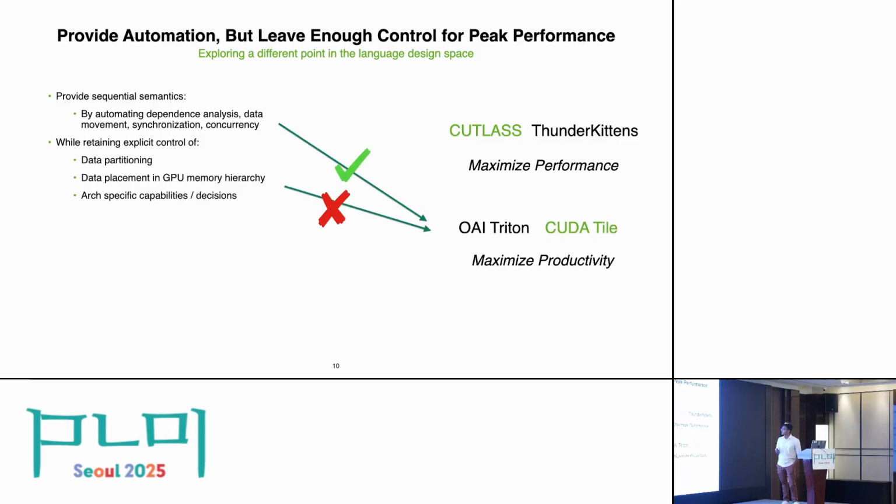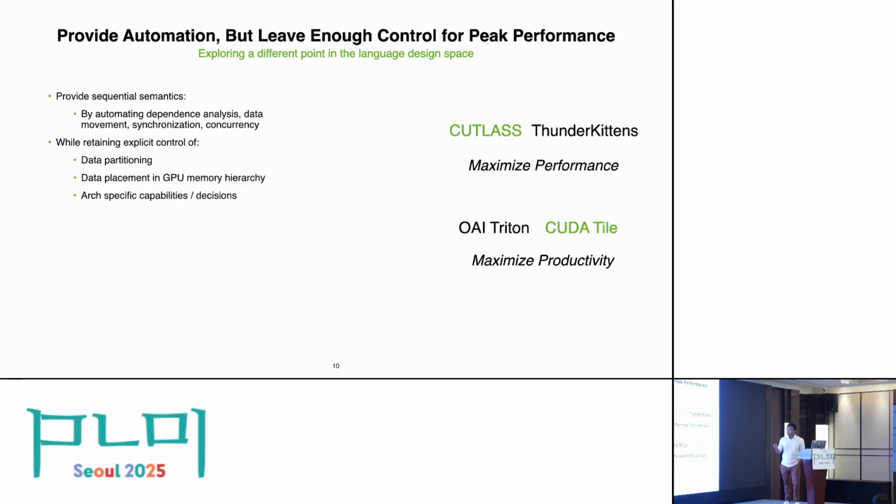Or you have systems like OpenAI Triton or the recently released CUDA Tile, where you get a very nice sequential-looking programming model. These tile-based models are great, but you don't get to control these other things at the bottom. In particular, your compiler has a bunch of heuristics to decide what to do here. And I'll show you there are many cases where a compiler does not do the right thing, and you as a programmer have no way to tell the compiler what you know and want to do in your program.